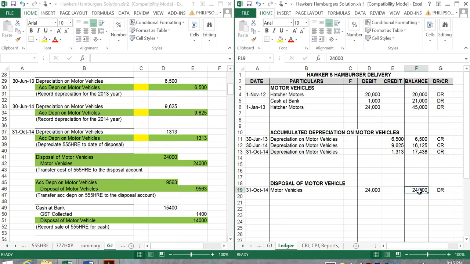I probably really should have gone equals that. Okay, that's done. Motor vehicles account, 31st of October 14. Motor vehicles account, 24,000 credit with particulars of disposal.